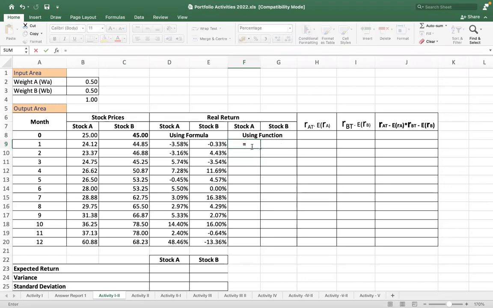Right, let's apply the ln function, type ln, open bracket. It's very easy. Don't take the return value directly; we select the stock prices, today's price divided by previous price.